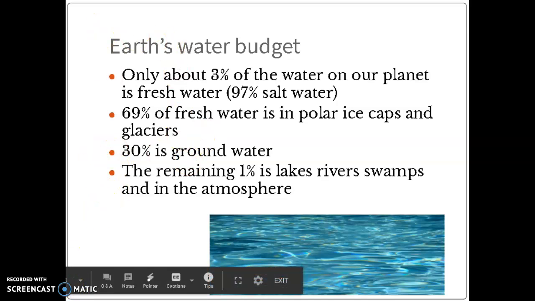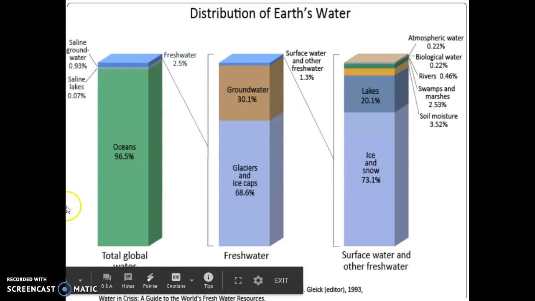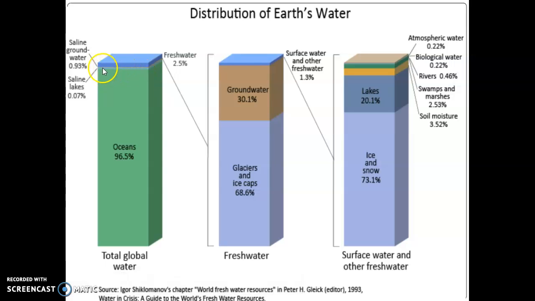So how that actually looks if we break it down differently, here's all of the water that's on the planet. Total water that's there. You've got stuff that's in your oceans, and then there's a little line here that's your saline lakes, and then another little one, kind of pink color, that's the saline groundwater, and then the very tip top, that blue, is fresh water.